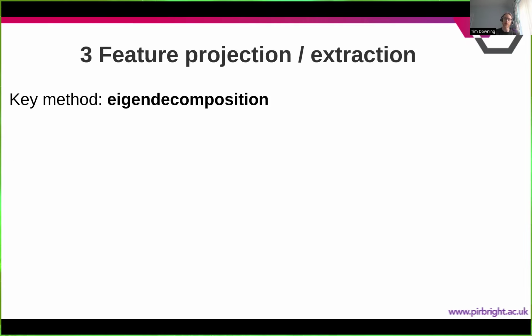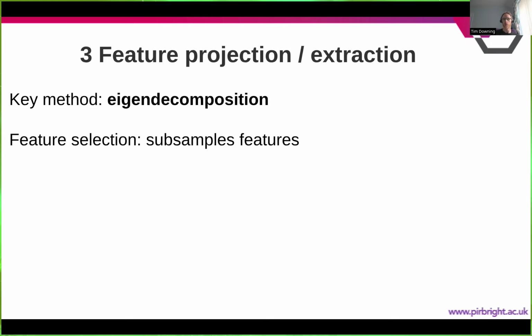A key method in this area is eigen decomposition. So the decomposition refers to the data, and the eigen is kind of the stem of a word referring to different parts of that data, the outputs we get from that data. So what we might do first is feature selection, and then dimension reduction or feature extraction.